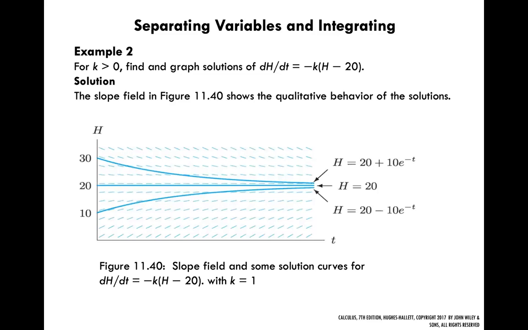This is example 2, where we're going to look at dh/dt is equal to negative k times, in parentheses, h minus 20. A slope field is something that indicates what the derivative is at any time.